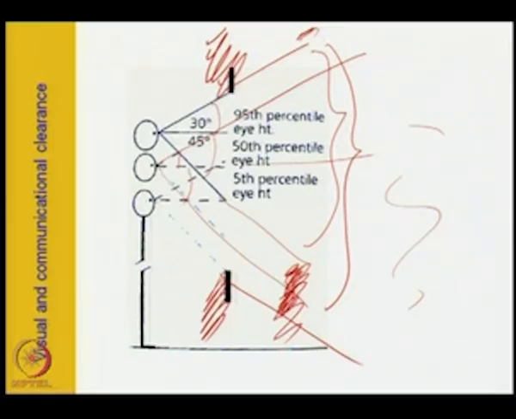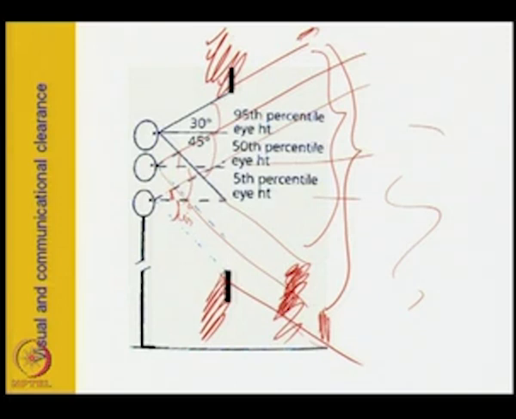If a lower height person, suppose a 5th percentile eye height person comes, for him also this is the 30 degree upper vision. It reaches here, and below is the 45 degree, his lower vision. Then he also cannot see this much space because it is being covered here.